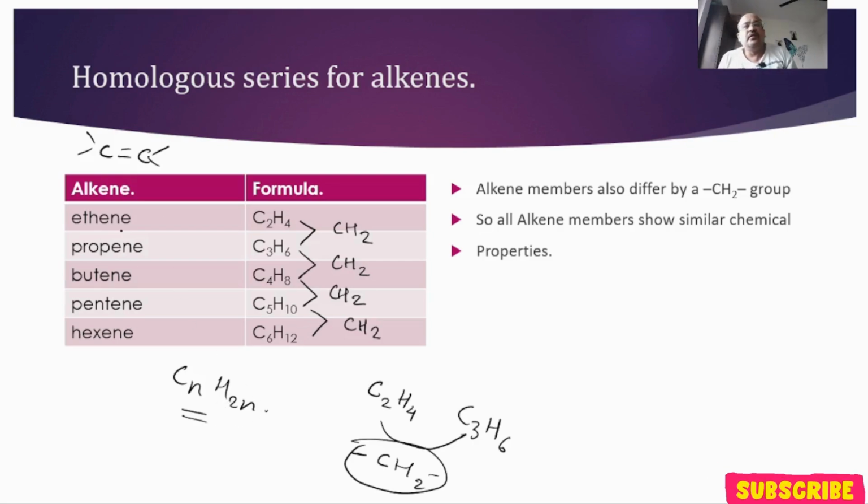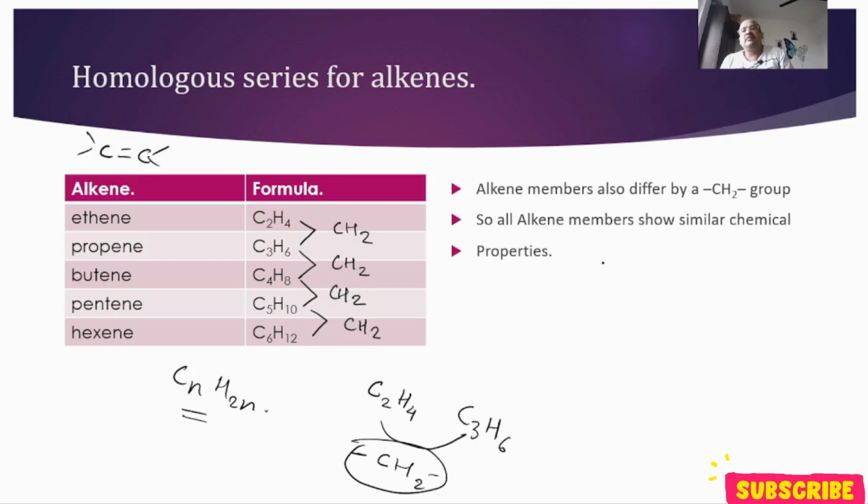So let's see here, right? Propene is C3, and ethene is C2. So 3 minus 2 is 1, and 6 minus 4 for hydrogen is 2. Likewise, you will see that for butene and propene, pentene and butene, the difference is CH2, that remains constant. So alkene members also differ by a CH2 group.